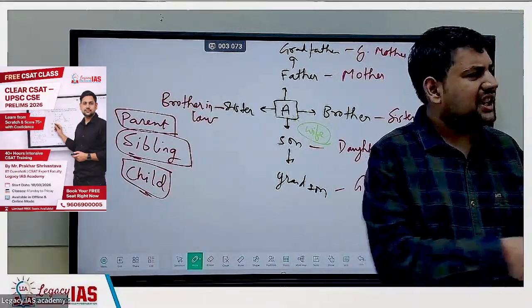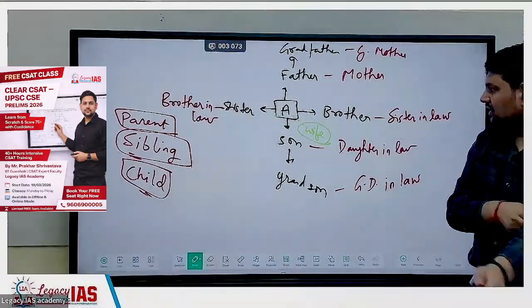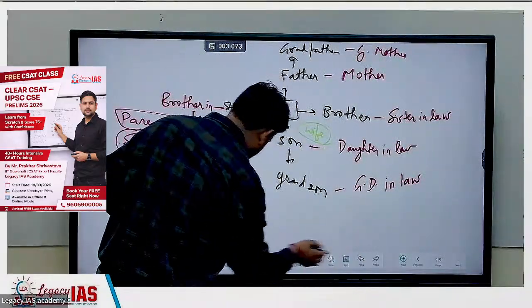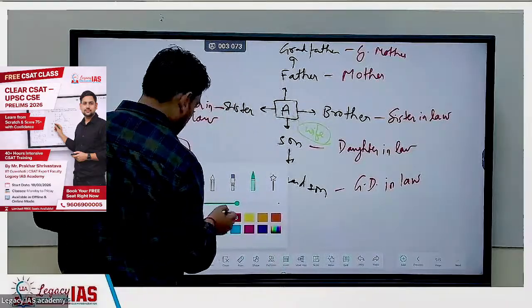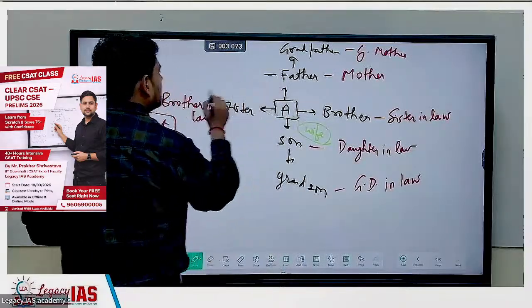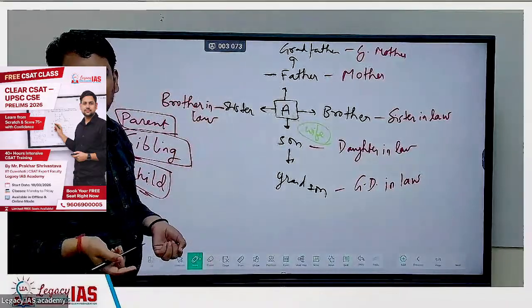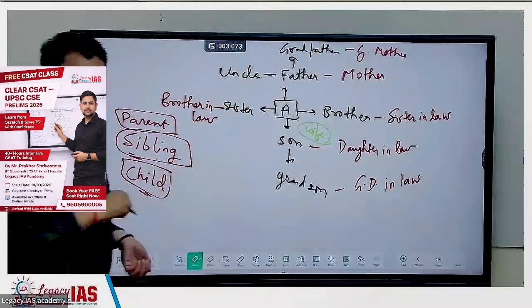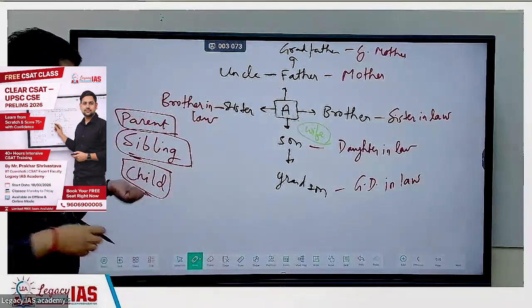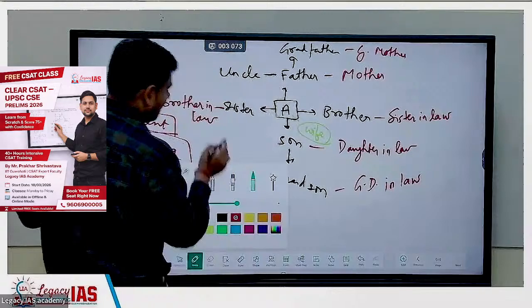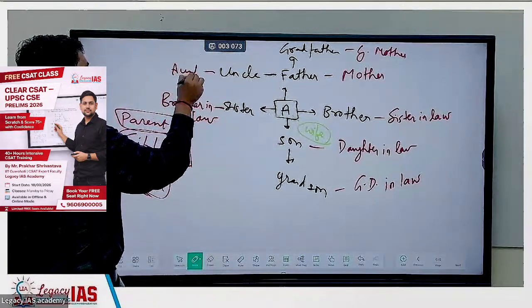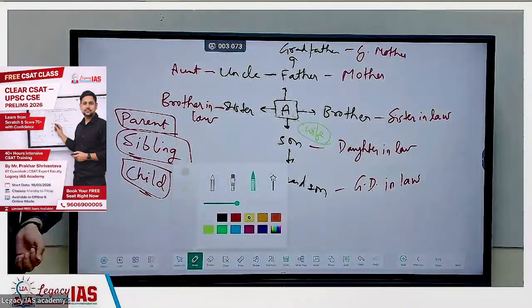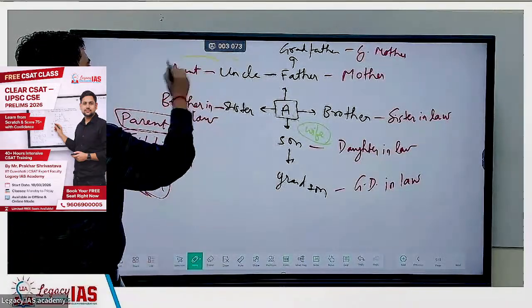They don't usually, but nephew, you just understand that here is father. Father's brother is called uncle. Uncle's wife would be called aunt. And their children would be called nephews, nieces, whatever.